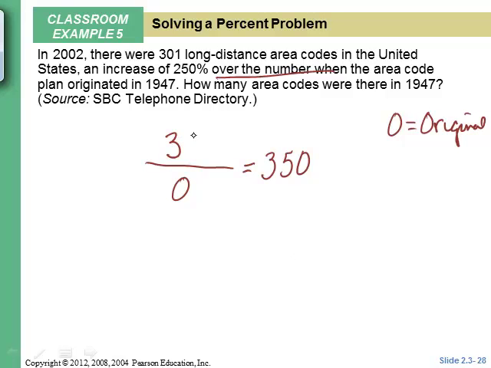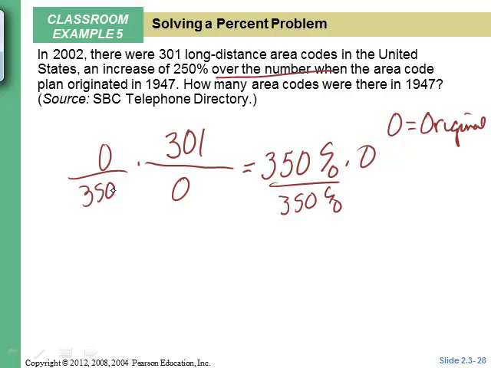Today there's 301. Now that's 350%. Okay? We're looking for original. How do we get original all by itself? Well, we multiply both sides by O and divide both sides by 350%. The O's cancel, the 350%'s cancel, and we get 301 over, I'm going to change 350% to a decimal, 3.50.